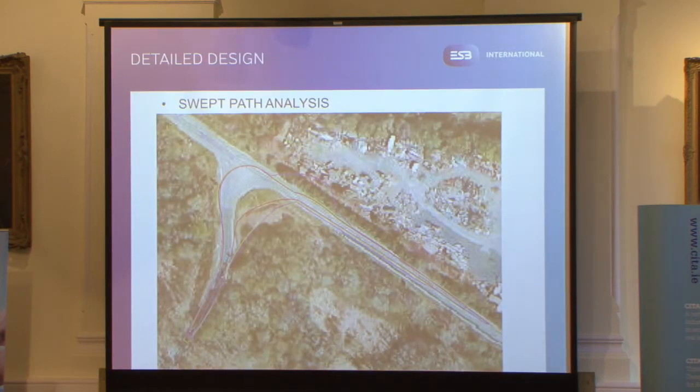And this allows us to produce drawings then which show in red the wheelbase of the vehicle, in green the body oversail of the vehicle, and in magenta the blade oversail of the vehicle.